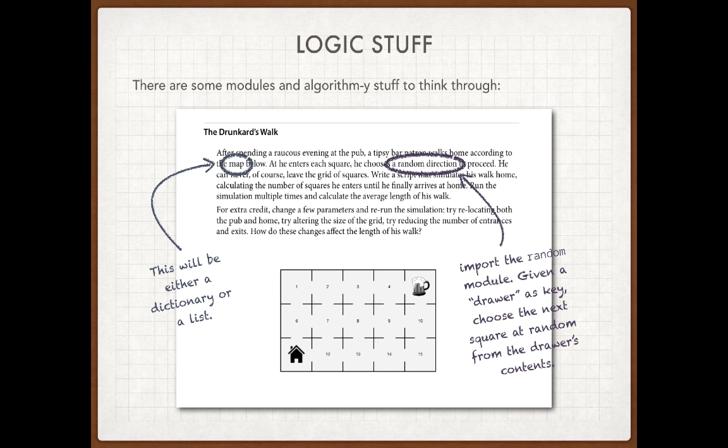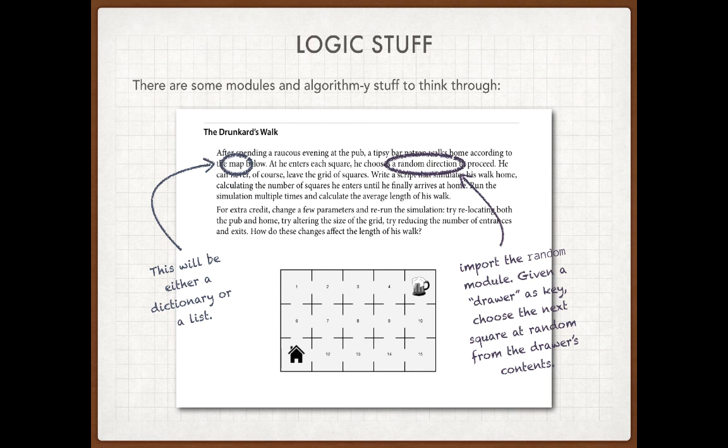So what that means is that I will have to bring in the random module so that I can have Python choose things randomly. Now, how I want to do that is that I will give some function the drawer, and random should look inside that drawer, figure out what those contents are, and choose one of those options. So that's kind of how I want that to work.